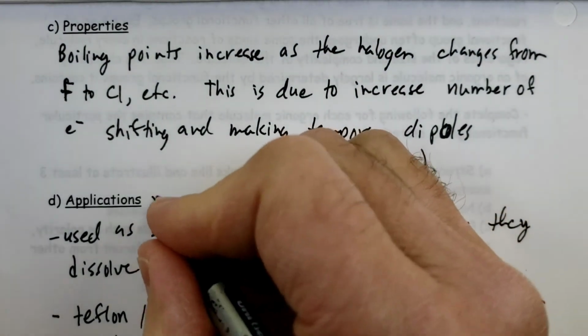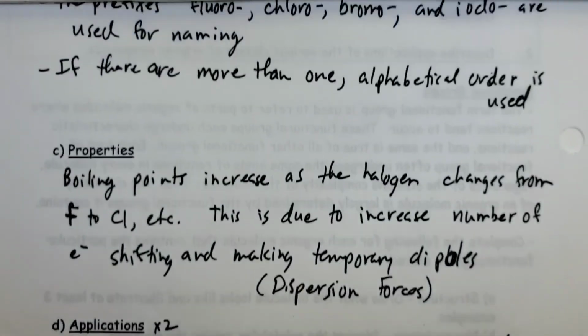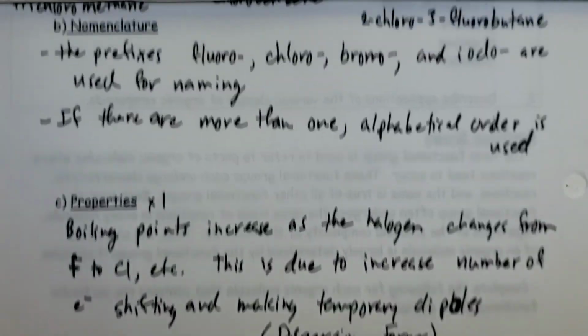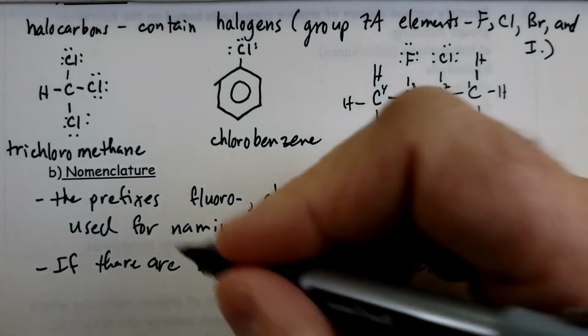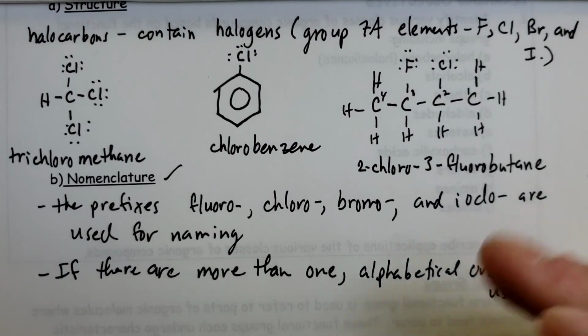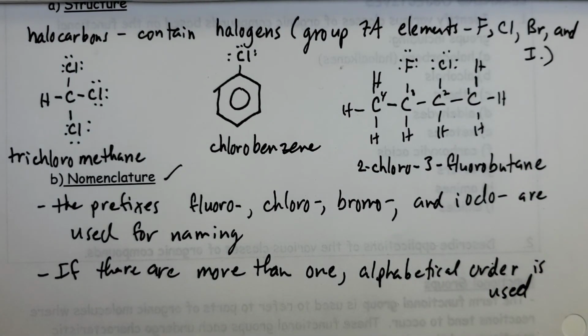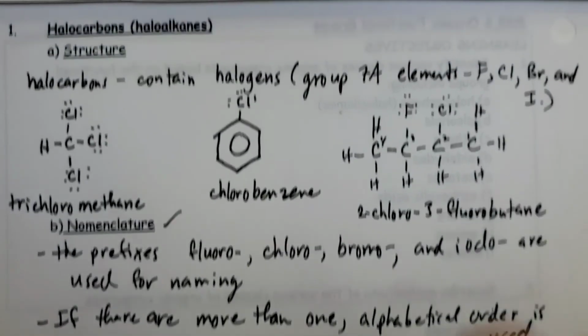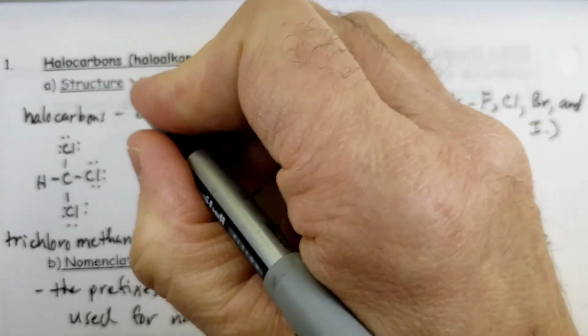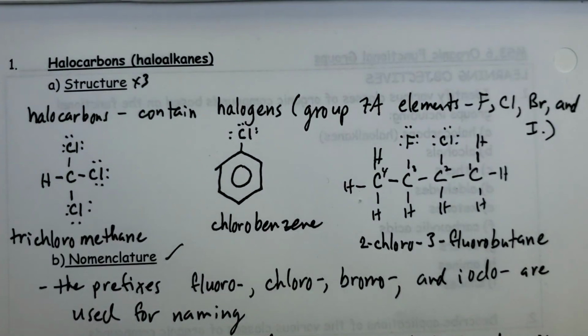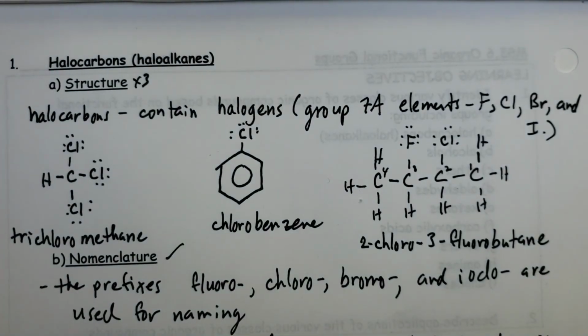So if you could try to find at least 2 applications, at least 1 property, nomenclature as best you can, it's going to be fairly easy to find that. And then structure, if you could find at least 3 of those, that would be good enough to go from there. Okay, so we've done this first one together.